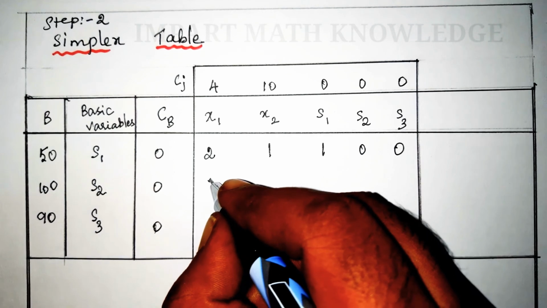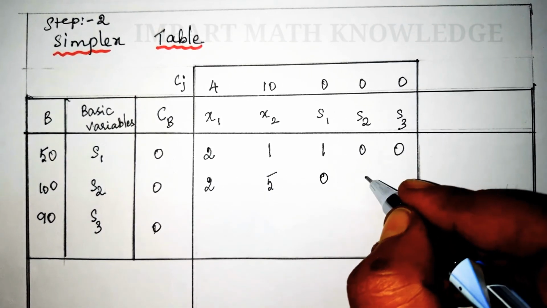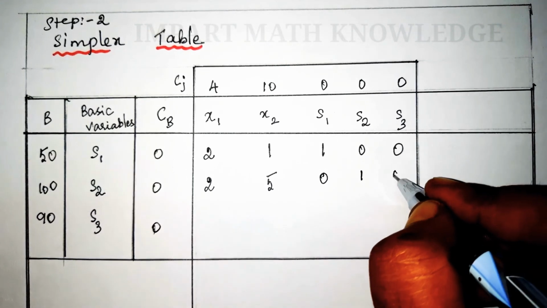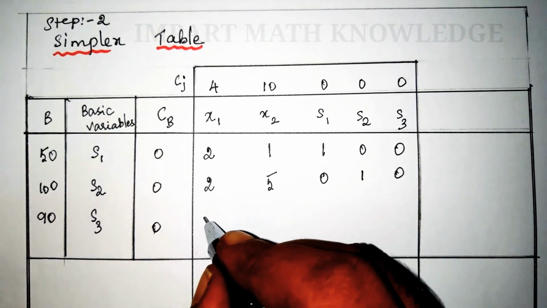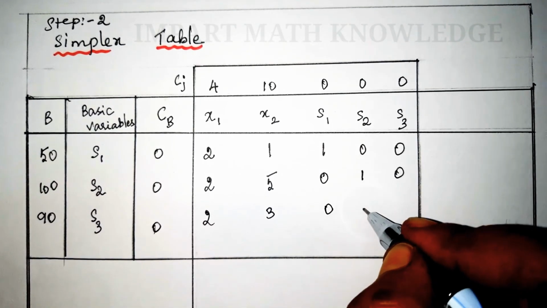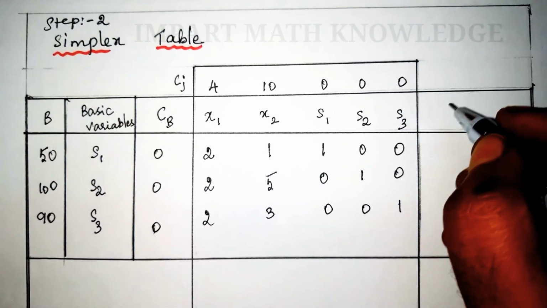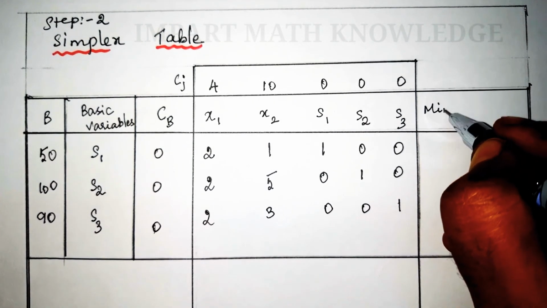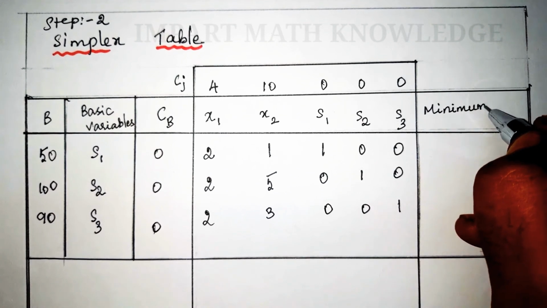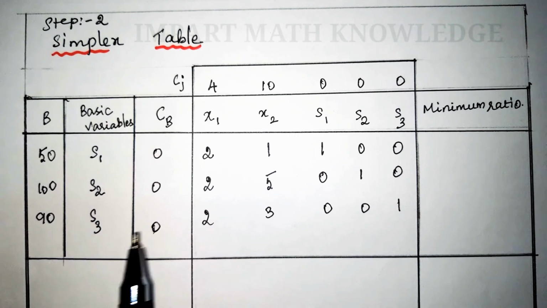Second condition is 2, 5. S1 is not there, so you put 0, 1, 0. Third condition is 2, 3, 0, 0, 1. Here you have to write the minimum ratio. This is the starting table.